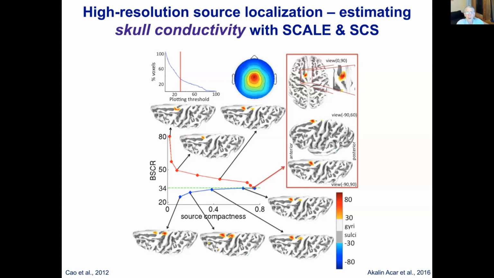So in this SCALE algorithm, we use a source localization technique called SCS, for sparse, compact, and smooth.